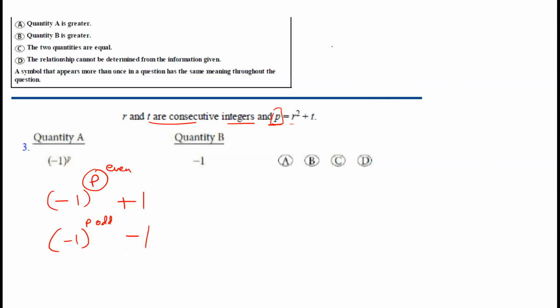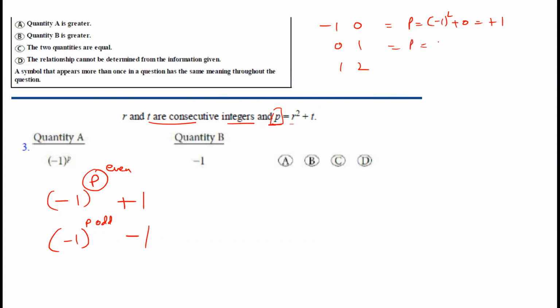Now, let's suppose there are 2 consecutive integers. Let's take -1 and 0, 0 and 1, 1 and 2. If it is -1 and 0, then p would be -1 squared plus 0, that is +1.